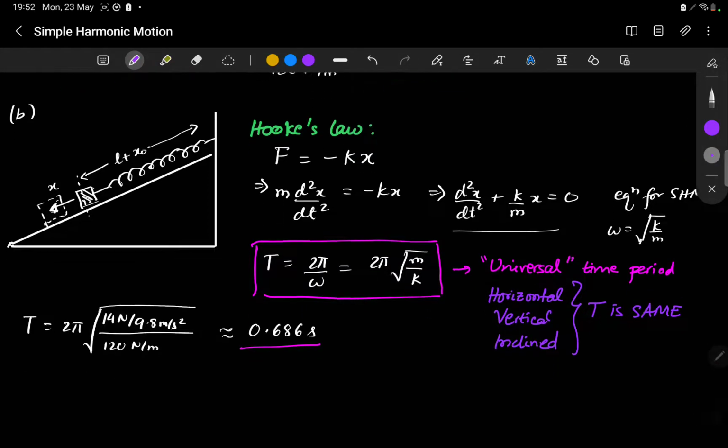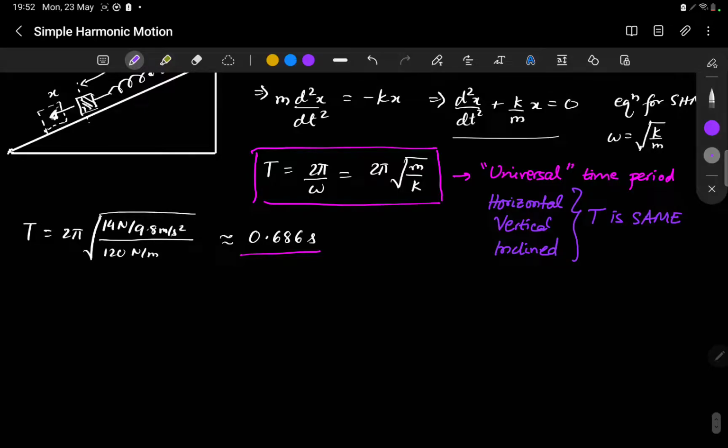So if I summarize this, we have the horizontal case, horizontal spring mass system. So the equilibrium position is same as natural length of spring.